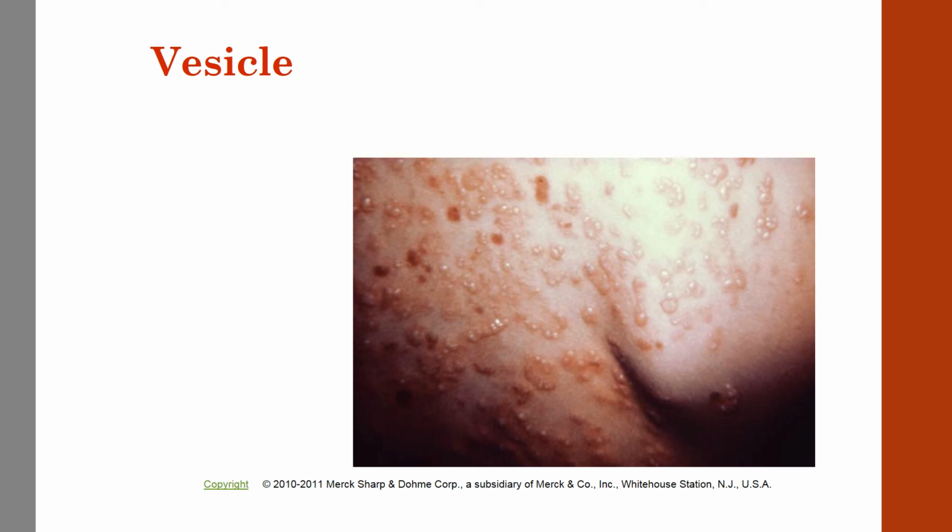Boat floats, so a boat can float in fluid, so that's how you remember vesicle: filled with fluid. But again, it's a small thing. It's again how small it is. It's less than 10.